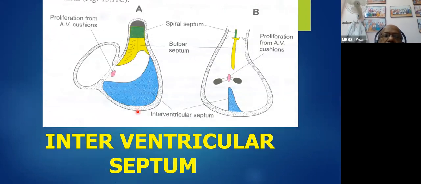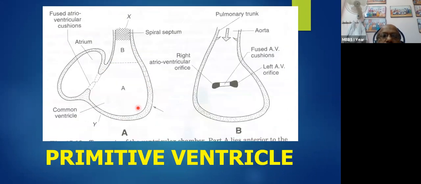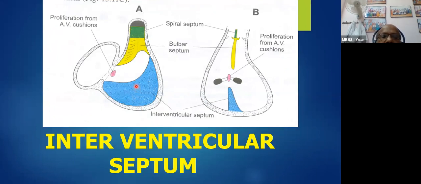Initially, the interventricular septum originates from the floor of your common ventricular chamber. It is ascending upwards, and it is not completely fused with your bulbar septum, so that interval is there. That interval is filled by the proliferation of AV cushion. That is your upper part of the interventricular septum, otherwise called the membranous septum.